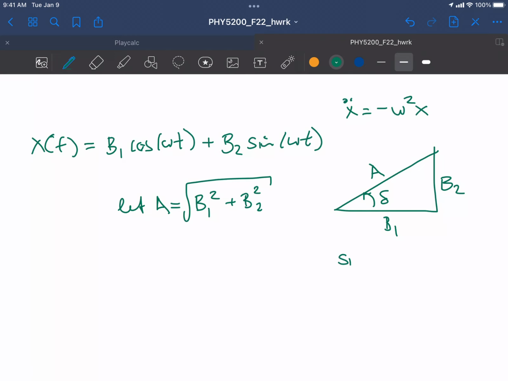Also from this figure we see that sine of delta is opposite over hypotenuse, so sine of delta is b2 over a, and likewise the cosine of that angle is the adjacent over the hypotenuse, and the adjacent is b1, so that's b1 over a.